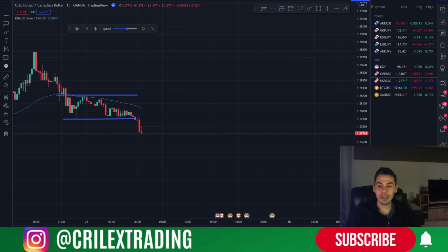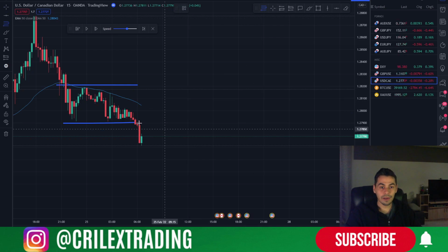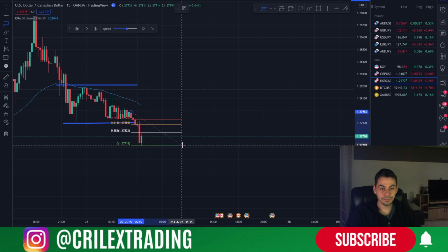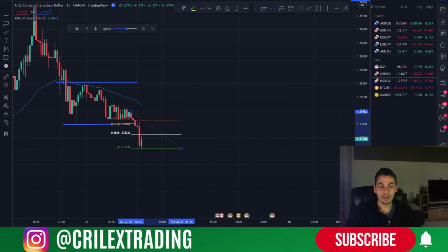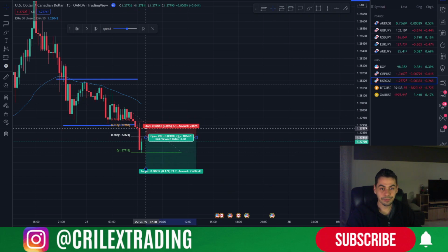And as you can see, we have a nice break to the downside. In this case, we will draw a fib from the igniting candle, which is this one. So basically it is the first low candle that you find that breaks the trend. And what will we do here? As I previously said, you set a pending order right here.